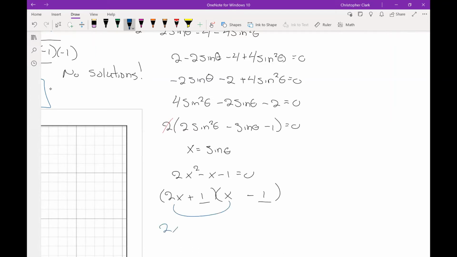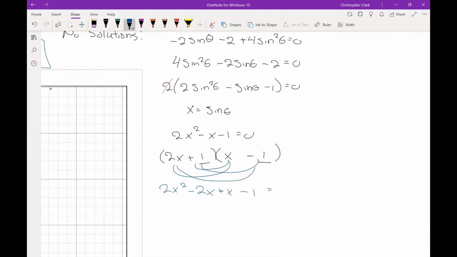I get 2x squared minus 2x plus x minus 1 equals 2x squared minus x minus 1, which is exactly what we had originally, right? So we're good. We factored it correctly. So I have 2x plus 1 equals 0, or I guess I should say and, x minus 1 equals 0.